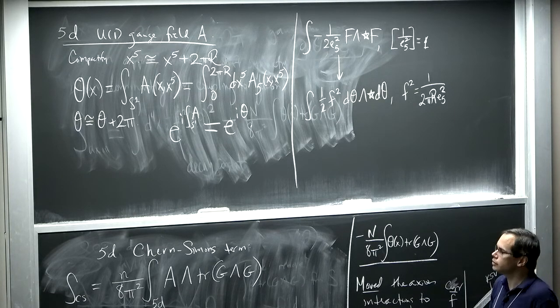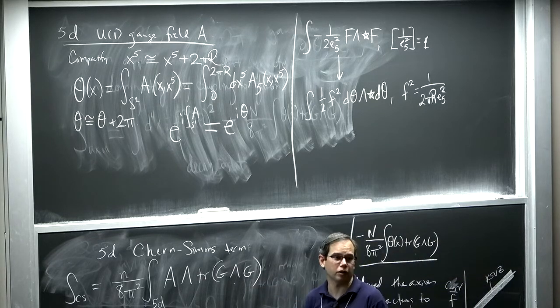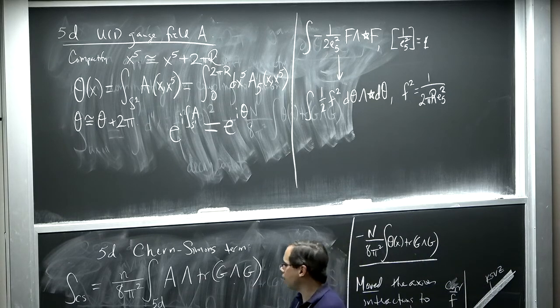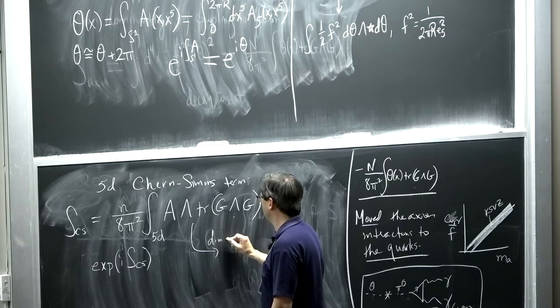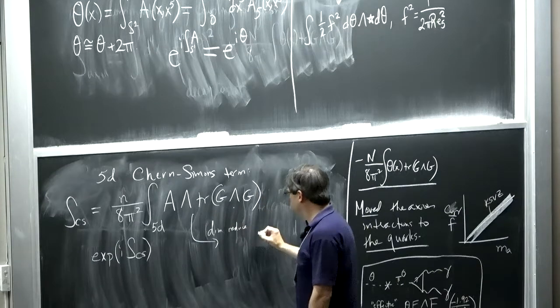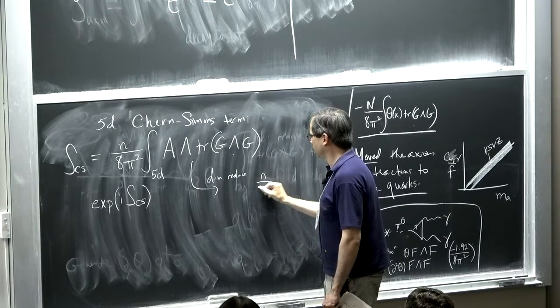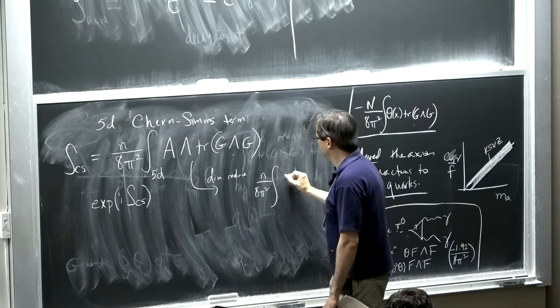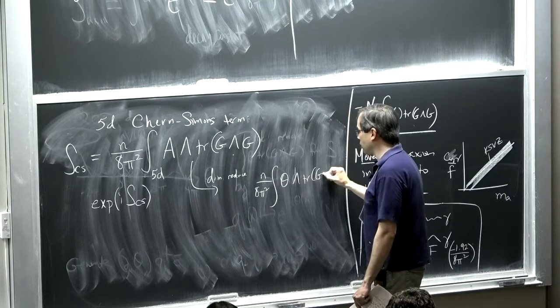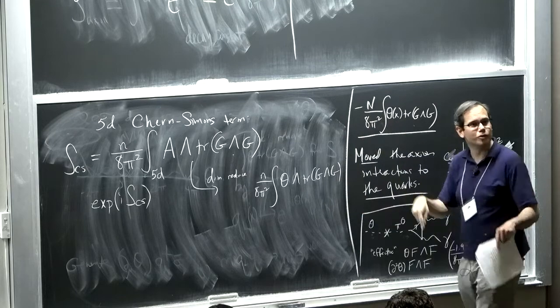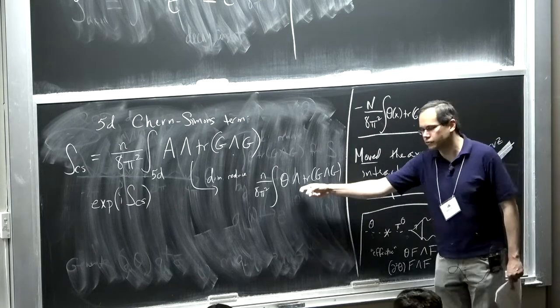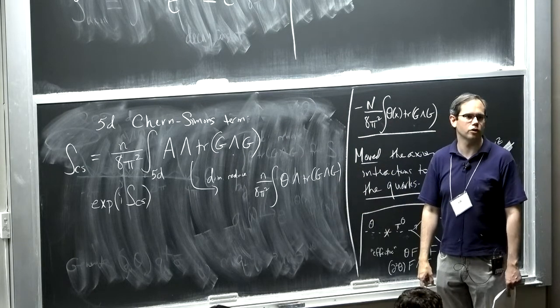Okay, so I'm allowed to write this kind of coupling in my higher dimensional theory. And when I dimensionally reduce, well, again, there's a bunch of different modes. But if you look at the light modes, it turns into the theta times trace G wedge G that we wanted.